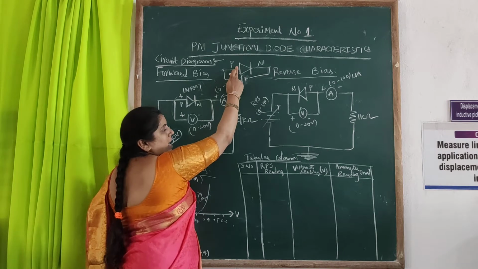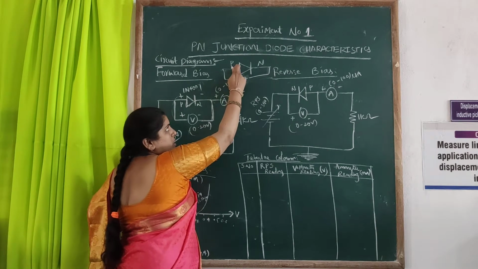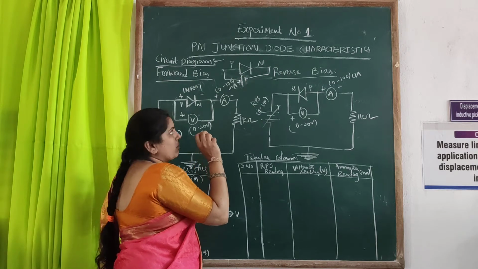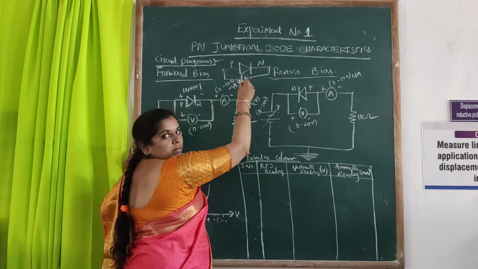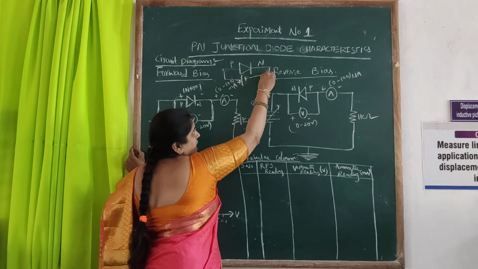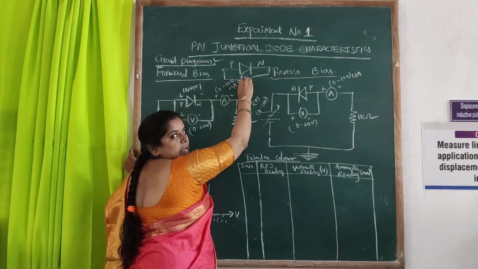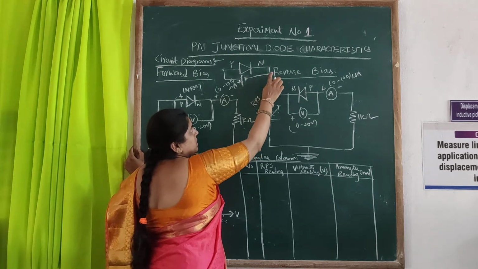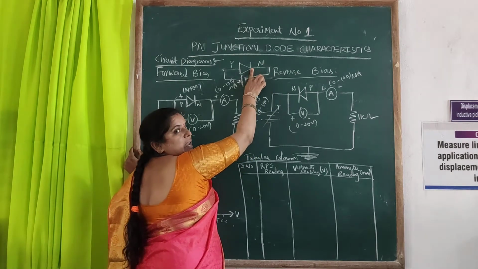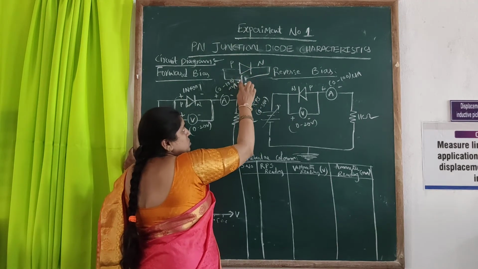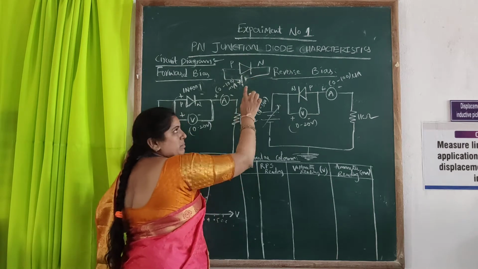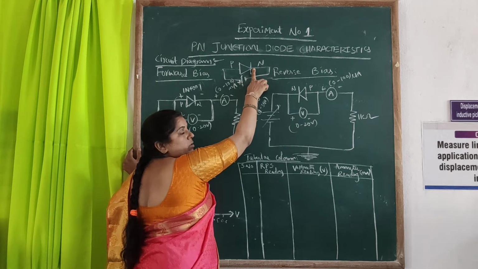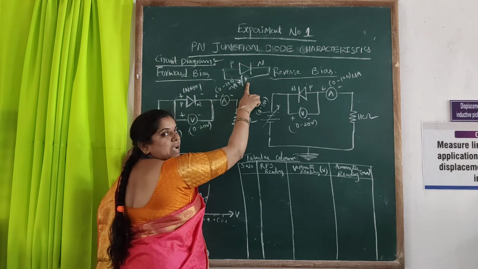P terminal has majority carriers which are holes. Then the N terminal is connected to the negative terminal of the battery. The majority carriers in N terminal are electrons, so electrons are connected to this N terminal.